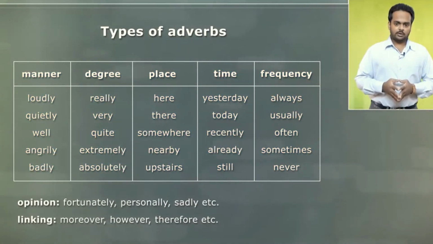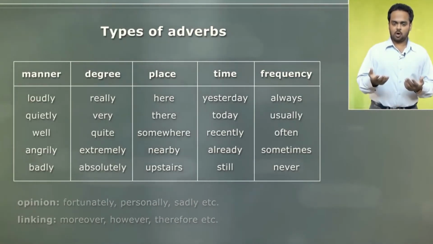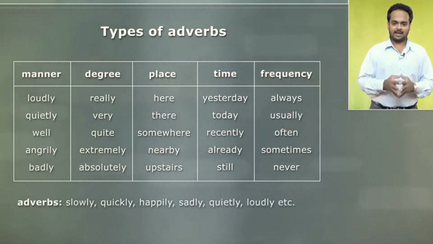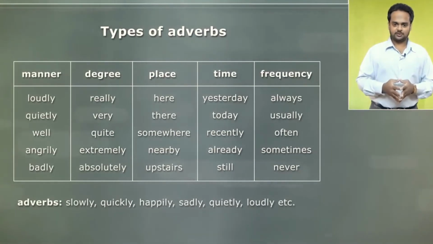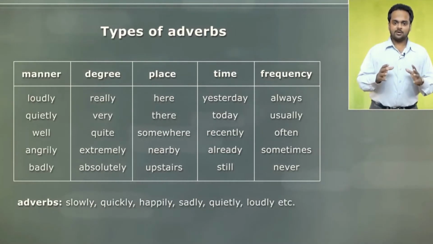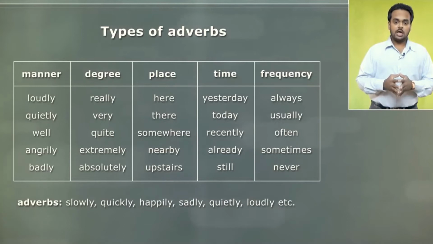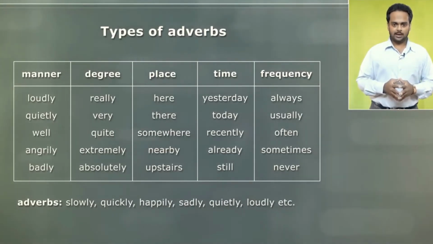Okay, at this point, I want to give you an important tip about words that end with ly. When you say adverb, people generally think of words like slowly, quickly, happily, sadly, quietly, loudly, and so on. So it's easy to think that all adverbs end with ly. But this is not true. In this chart, you can see many examples of adverbs that don't end with ly.